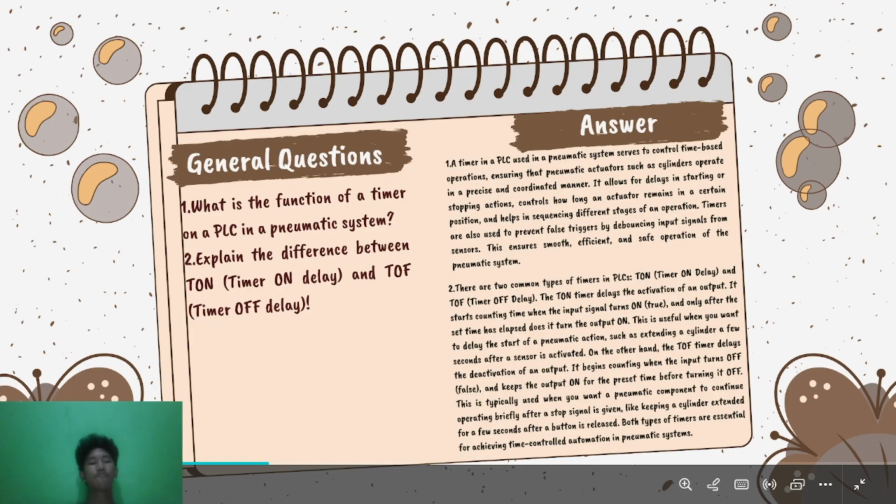Number one, what is the function of a timer on a PLC in a pneumatic system? Number two, explain the difference between TON timer on delay and TOF timer off delay. The answer to number one is that a timer in a PLC used in a pneumatic system serves to control time-based operations, ensuring that pneumatic actuators such as cylinders operate in a precise and coordinated manner.